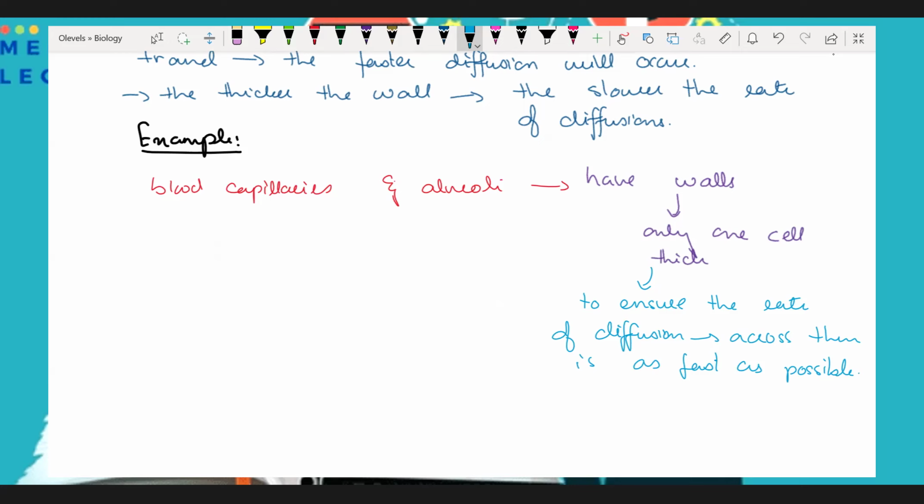So it must be as fast as possible to help you in maintaining a normal breathing rate.